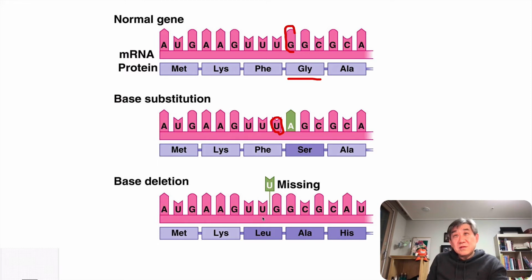This odd thing happened: once you have this missing U, all of a sudden this original amino acid, a phenylalanine, is changed into some other amino acid like leucine, and from that point on, the identity of all the following amino acids has been altered. Originally it was glycine, but now it's an alanine, and originally it was alanine, now it becomes another amino acid like histidine. What's going on over here?